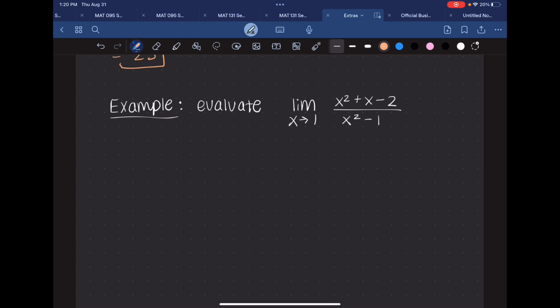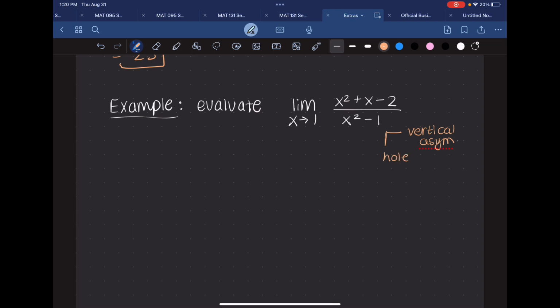Well, if you remember from pre-calculus, whenever we had a ratio of polynomials, or a rational function, anytime we had a 0 in the denominator, we had one of two things going on. Either we had a vertical asymptote, or we had a hole.